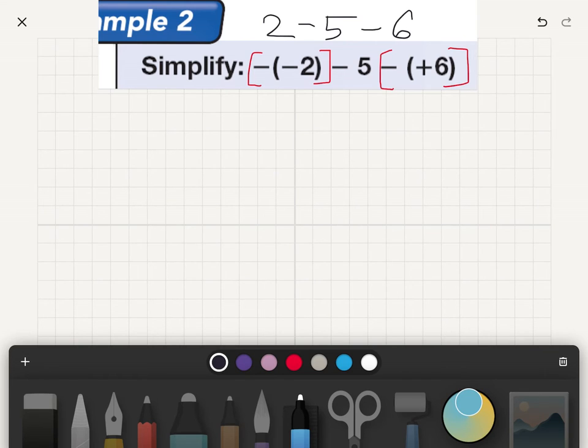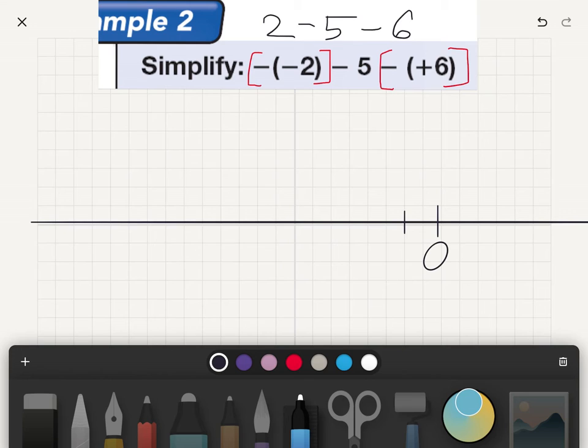Okay, and then a few different ways you could do this. We can see what this would look like on a Saxon number line. Okay, and I think my 0 here.